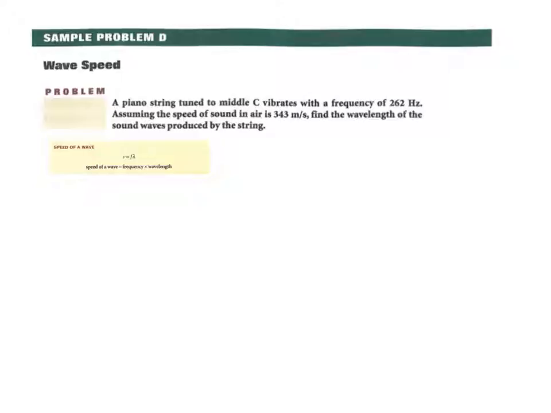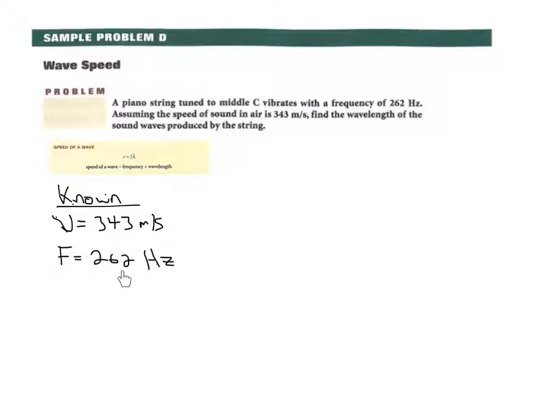So here is our equation. For sound in air, the speed is 343 meters per second. So I'm going to write my knowns. I know that v for this wave is 343 meters per second, and I know the frequency of this wave is 262 shakes per second, or cycles per second.